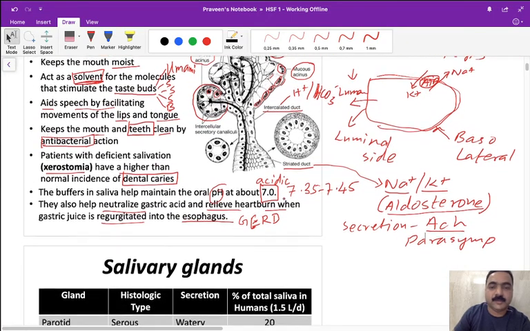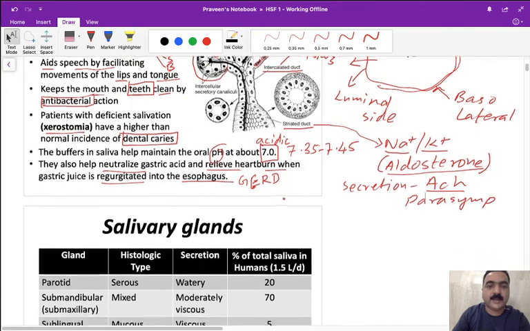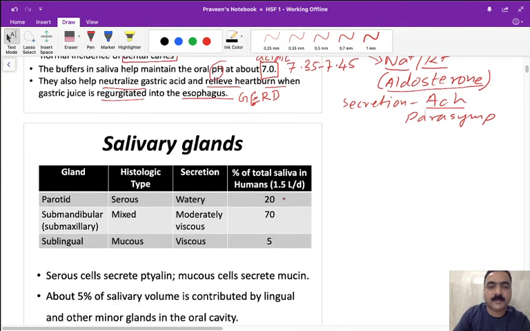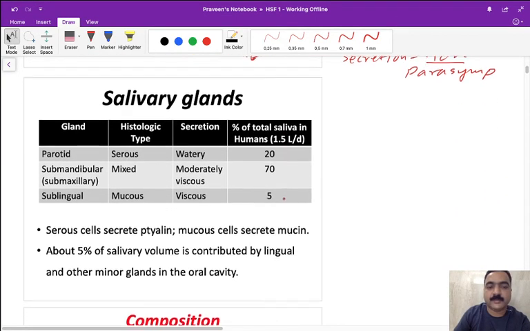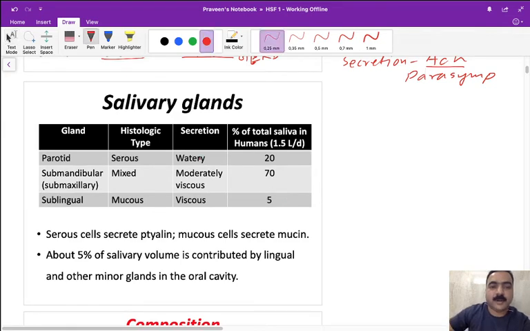So we have seen the histology of the salivary gland. Now let us see the different types of salivary glands that we have in our mouth. They mainly include these three: the parotid, submandibular and the sublingual, and also some minor glands within the oral cavity, the small ones, that contribute only about 5%.